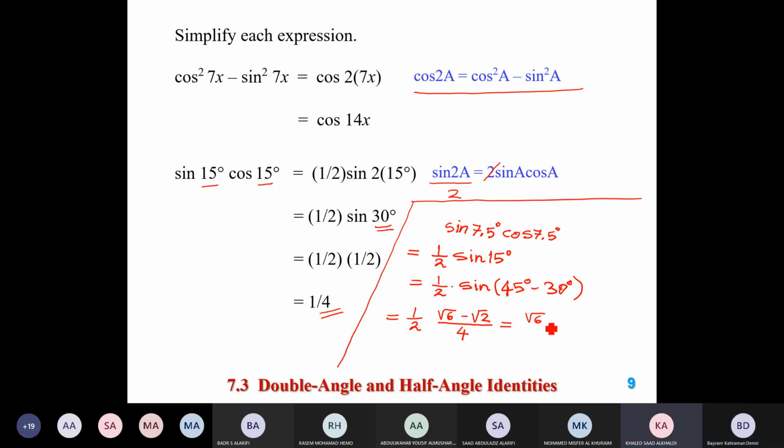Doctor? Yes. Why did we calculate the sine, not the cosine? This is sine, Shabab, here. We are using the formula, right? I know, but when we have the sine 15 degree times cosine 15 degree, how do we know it's this formula?